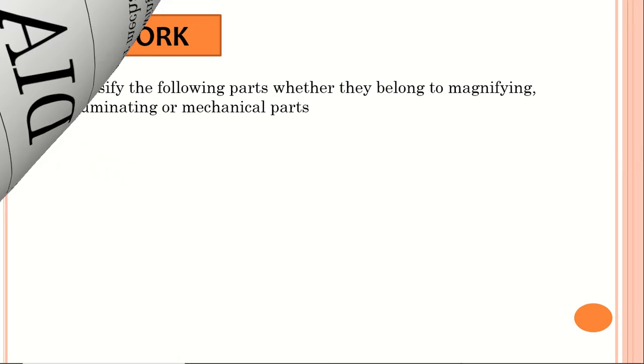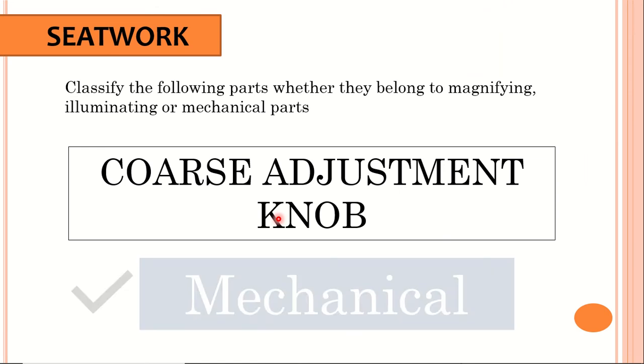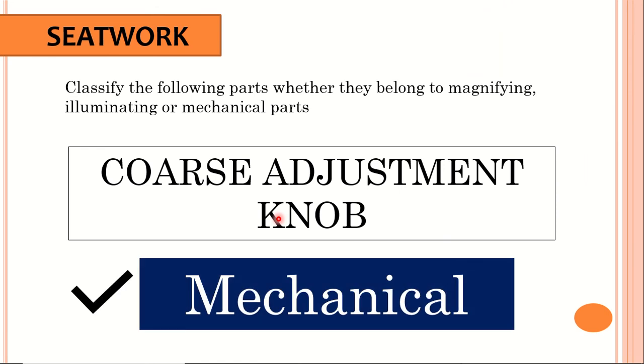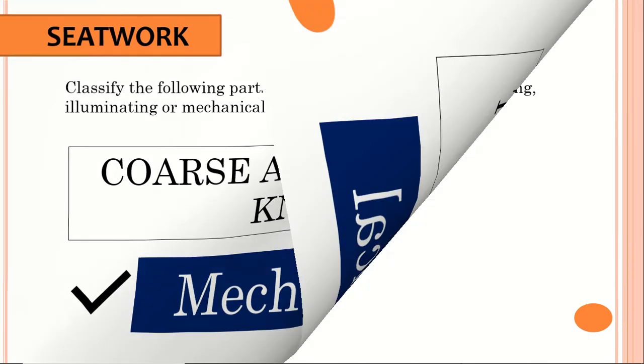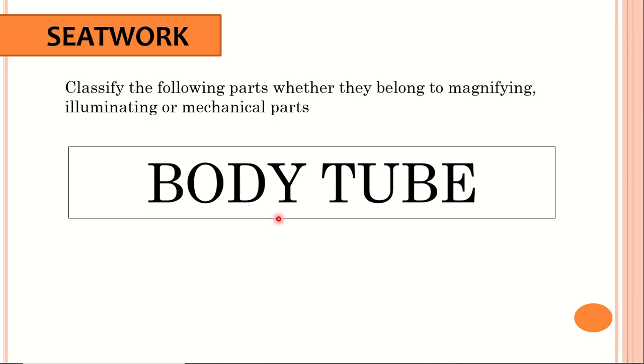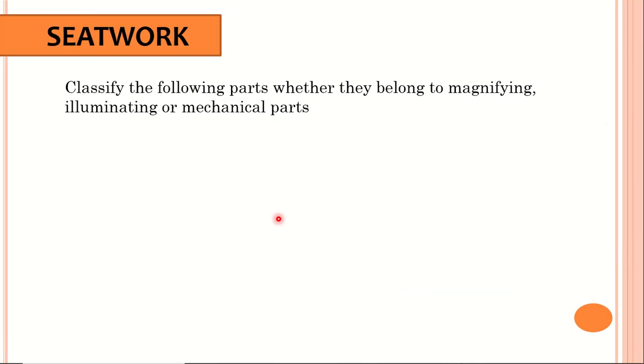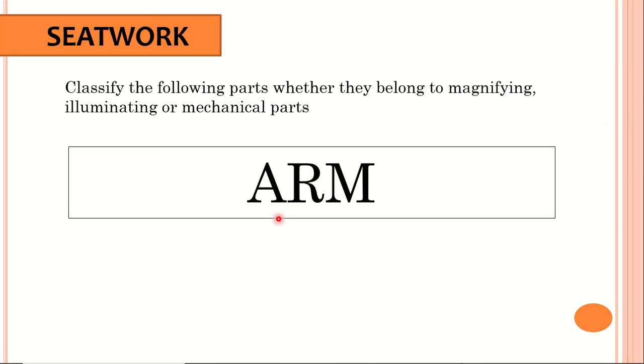Next, coarse adjustment knob. What is your answer? Very good. The answer is mechanical. Next, body tube. What is your answer? Very good. The answer is mechanical. Next, arm.